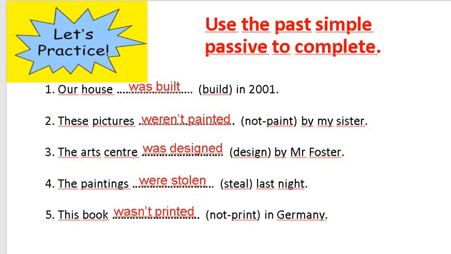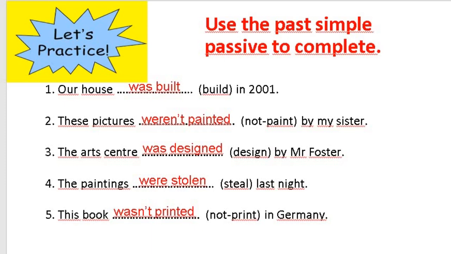Pictures is plural, and while making it passive, we should use was, were plus the past participle of the verb. But pictures is plural, so we use were. But in the brackets, it's written not, so we should make it negative. These pictures weren't painted by my sister.